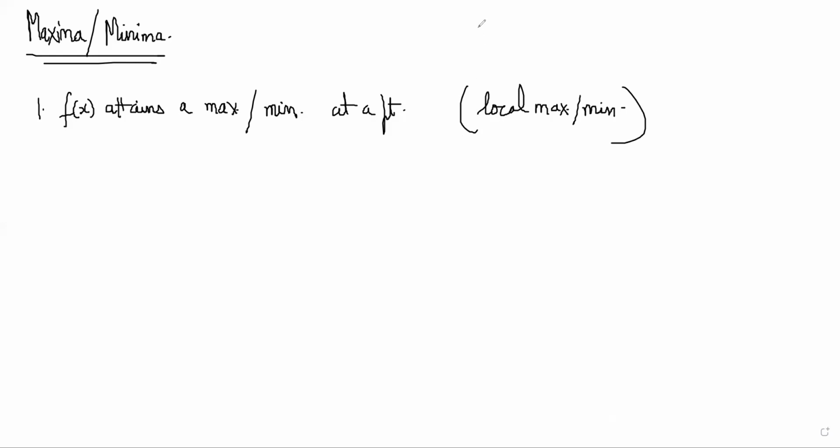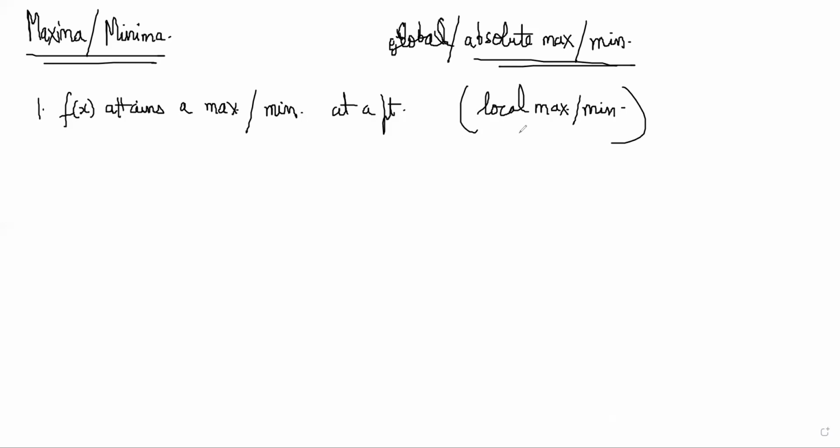If someone means overall, they will say explicitly absolute maxima or minima, or they will say global. So you are either local or global. Right now we are talking about local maxima and minima. Most of the time that is what you will be dealing with. If you have found your local maxima and minima, then you can find absolute maxima and minima from there by taking the highest maxima and the lowest minima.